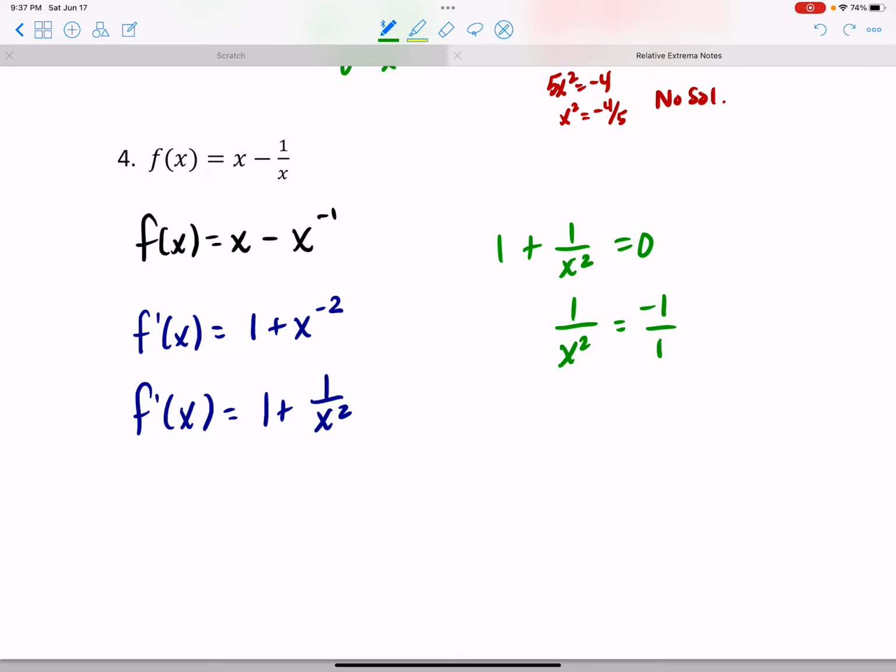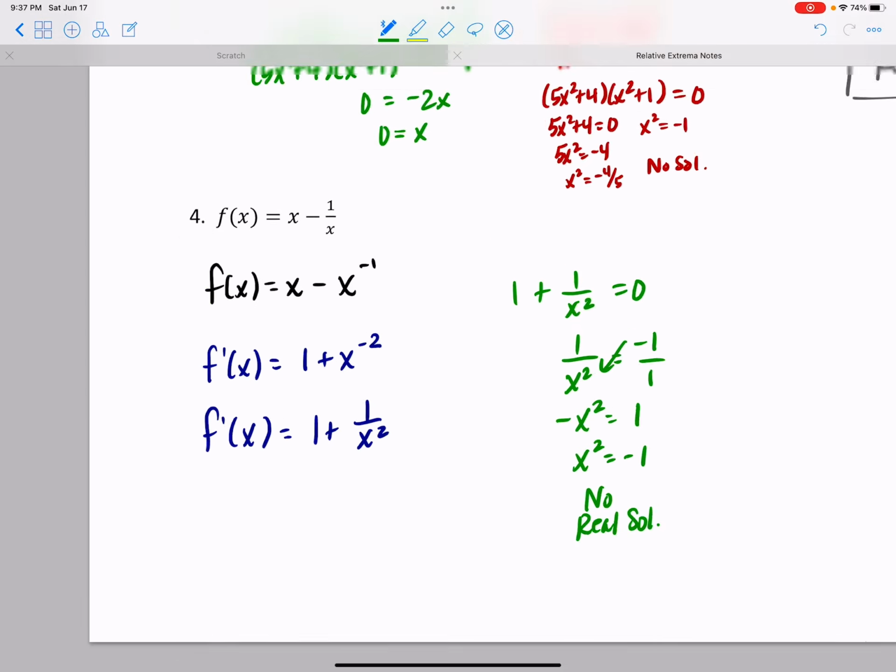I can't square a number and make it negative. But if you wanted to go through the motions here, -x squared equal to 1 means we would have to make x squared equal to a -1. That can't happen in the real numbers. It happens in the imaginaries, but not in the reals. So there's no real solution to this. I should have specified that earlier. No real solution. So no critical number there.